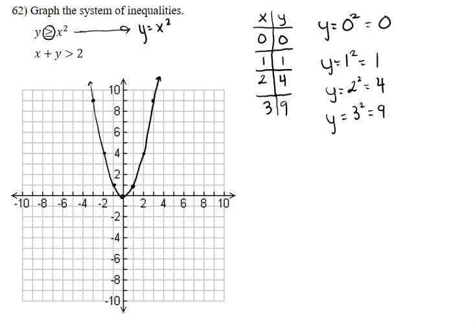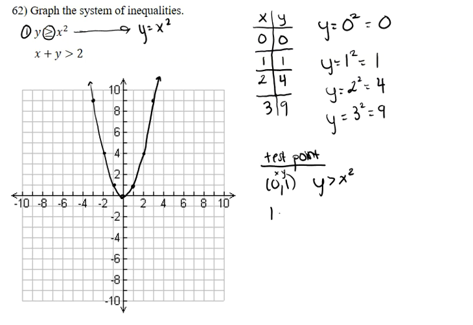Now that we have it graphed, we need to know where we shade for this first inequality. So I'm going to use a test point, and you can choose any test point you like. It can be inside the parabola, it can be outside the parabola, whatever floats your boat. But I'm going to work with the point 0, 1. Let's plug that test point into our original inequality, y is greater than or equal to x squared, and see if it gives us a true or false statement.